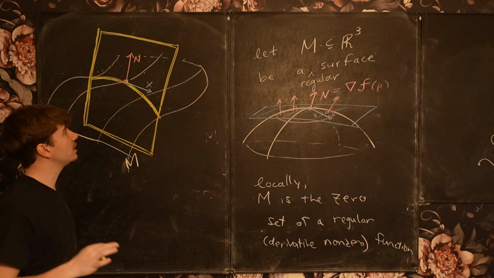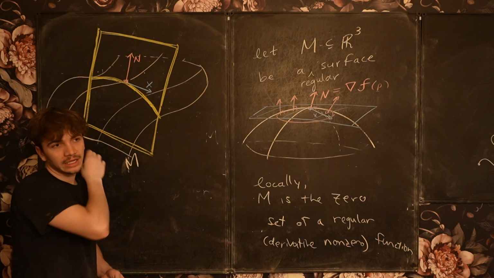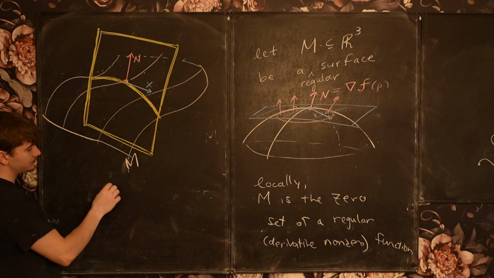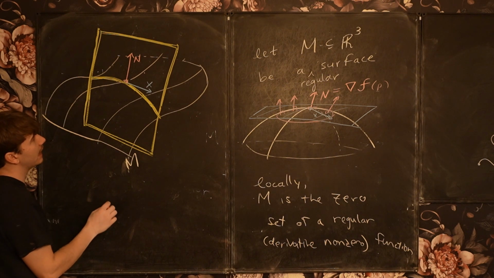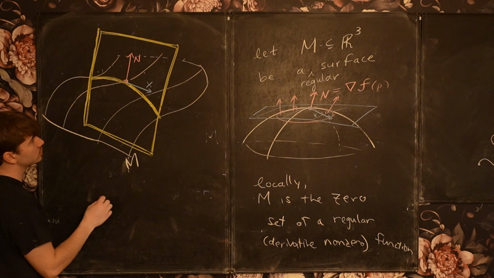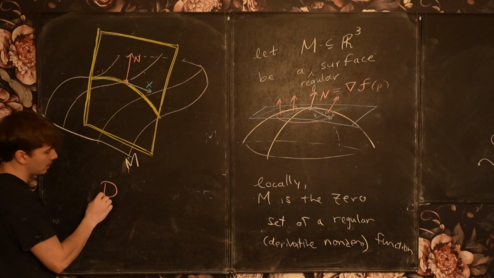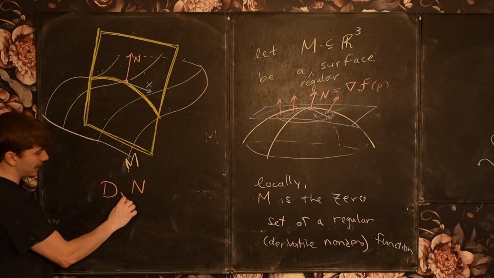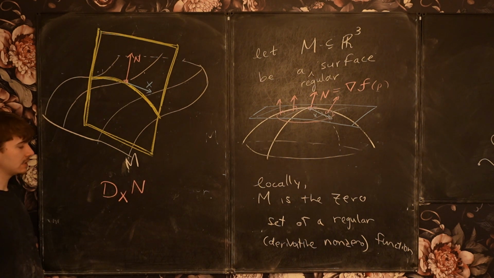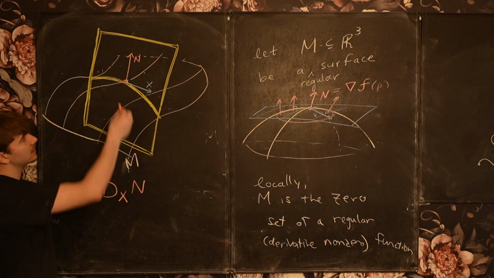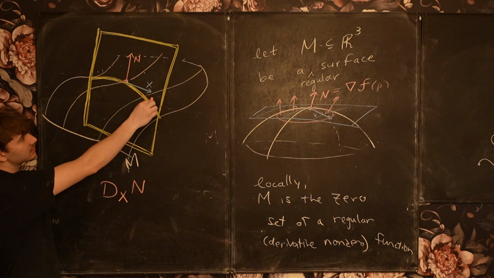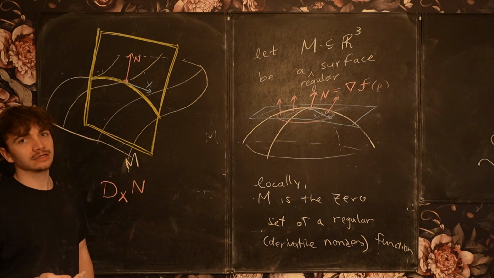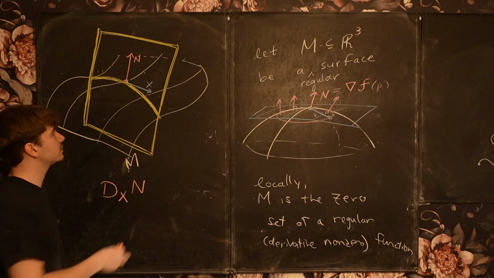And the curvature of this plane curve is essentially given by the following: if I look at the directional derivative of n in the direction x, in blue, well, x is a tangent vector to this curve.